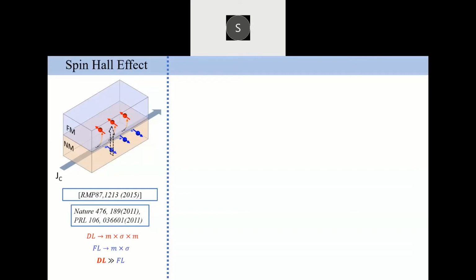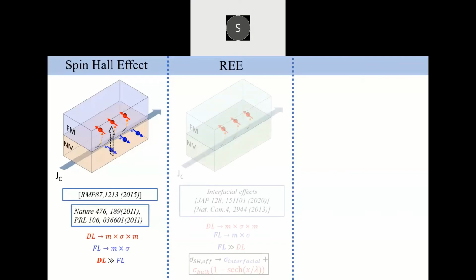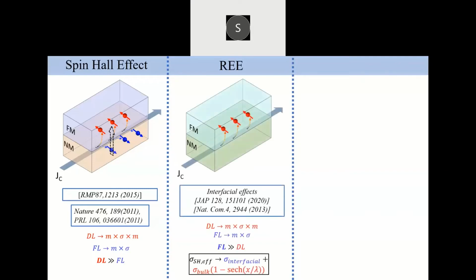One is damping-like torque, which is proportional to m cross sigma cross m, and the other is field-like torque, which is proportional to m cross sigma. In the case of the spin Hall effect, the damping-like torque efficiency is much greater than the field-like torque efficiency. There is another mechanism to generate spin current, which is the Rashba-Edelstein effect.